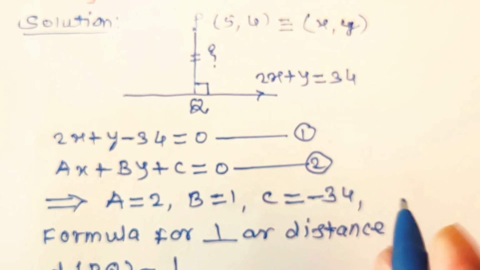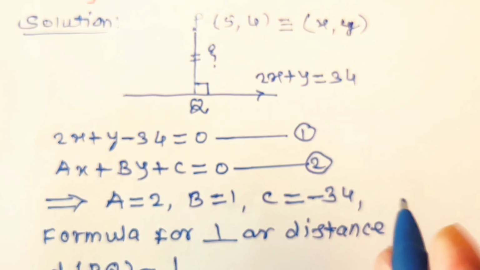Hence x is the x coordinate of point P, which is 5, and y is the y coordinate of point P, which is 4. Hence distance PQ = |ax + by + c| divided by square root of a square plus b square. This is in modulus.